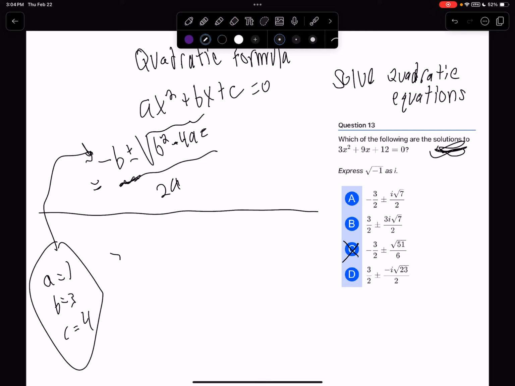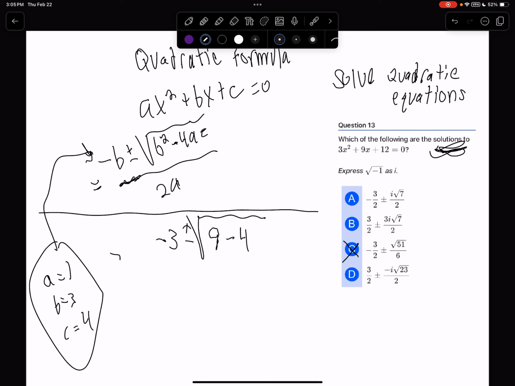All right. Ready? Minus b. The first thing we have here is we copy down negative and then b. What's my b? 3. So negative 3 plus or minus. I'm just copying that formula down. Square root. What's the b squared? b is 3. What's 3 squared? 9. Minus 4 times a times c.